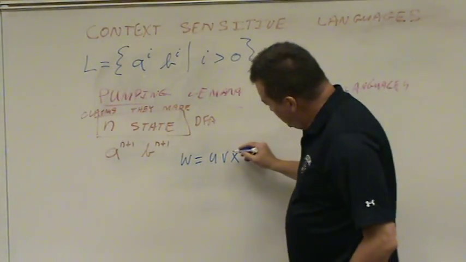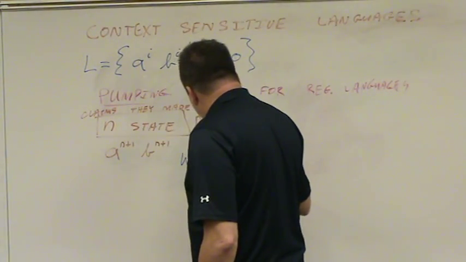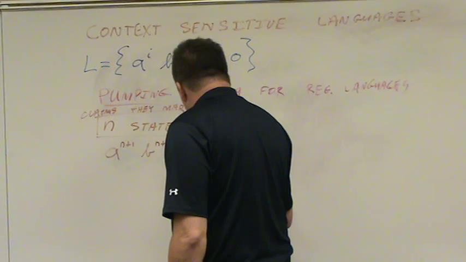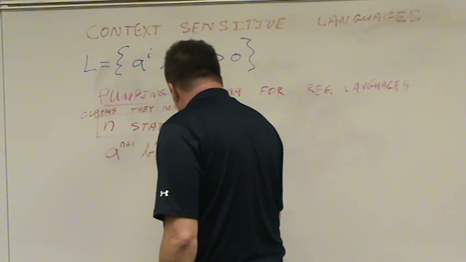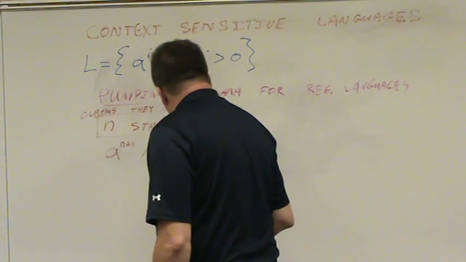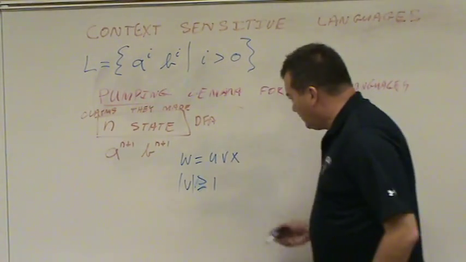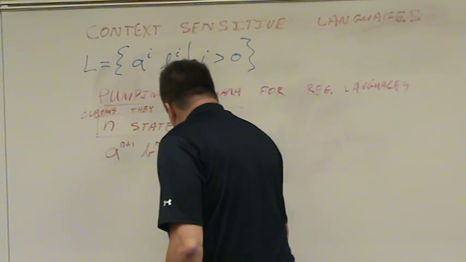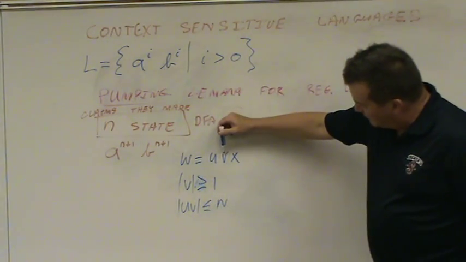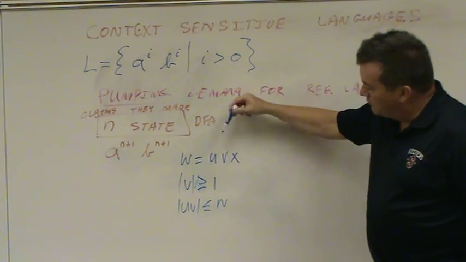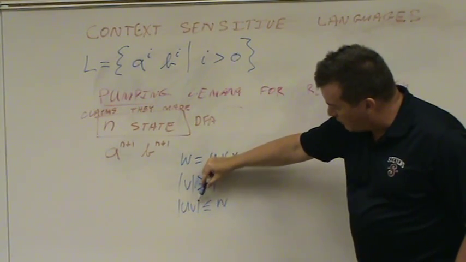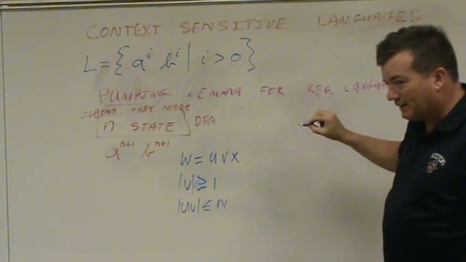And somewhere there's going to be a V part, which the size of the V part is greater than or equal to 1, and the U followed by the V part is going to be less than or equal to n. So there's some part maybe in the middle of your word that we're going to let be as big as the number of states of your machine, and that V part is something that causes a loop in your finite state machine.